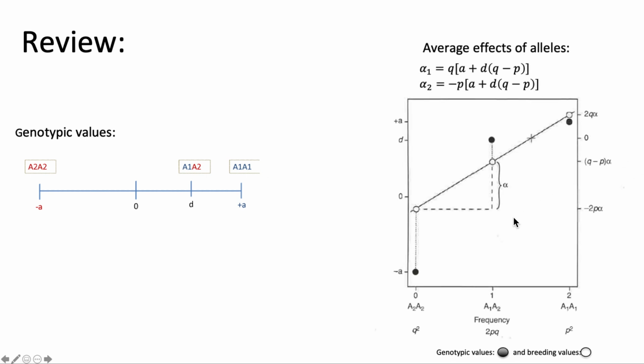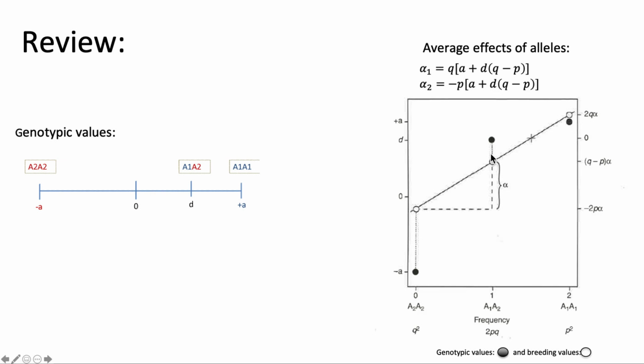Second, linear regressions can help us to understand the effect of the genes, and to some degree they can capture the deviation due to dominance, but they are not perfect.